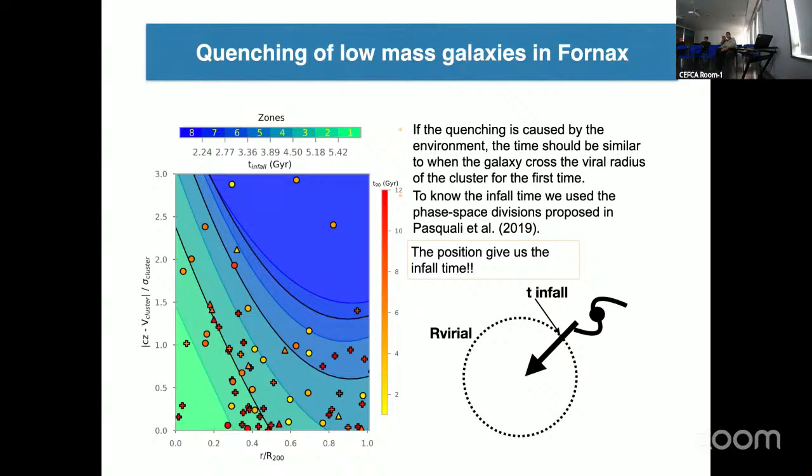For galaxies in this part, the infall time according to the simulation is 5.4 gigayears, and for galaxies in this region it is 2.2 gigayears. This means that galaxies here crossed the virial radius of the cluster for the first time 2.5 gigayears ago, and these galaxies 5 gigayears ago.